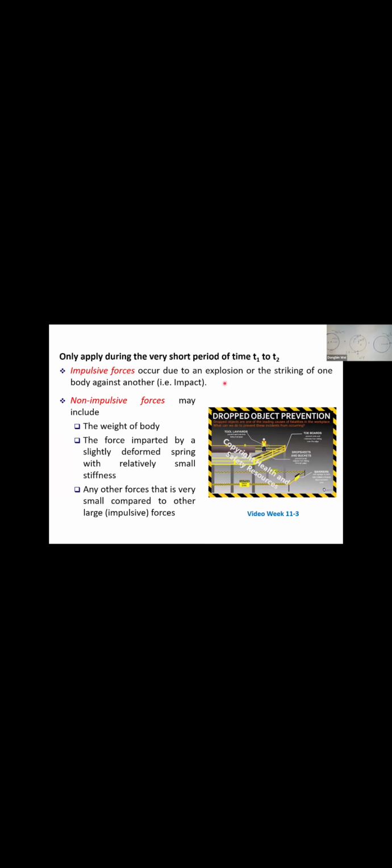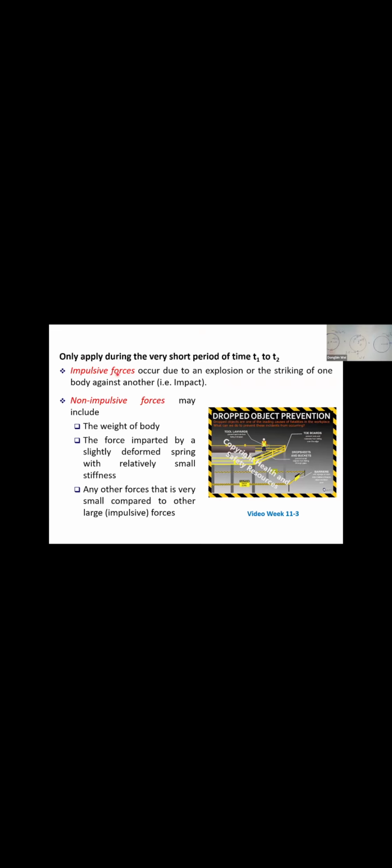Okay, weight force is not an impulsive force, but the impact force, when one of these tools falls down and hits the helmet or the head, the force between the helmet and the tool is the impact force, and the impact force is definitely impulsive.